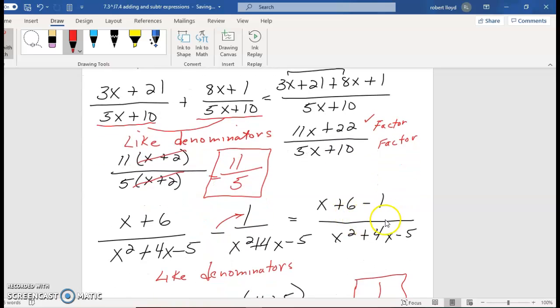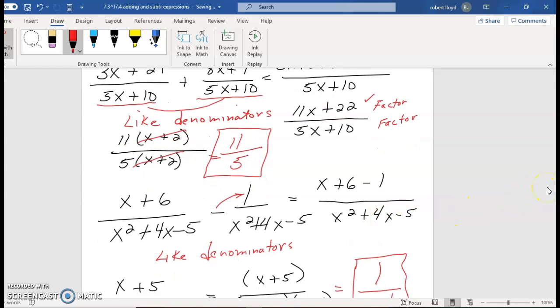The next one will be a subtraction. So again, they give you like denominators. So all we have to do is combine the numerators. Now keep in mind this negative sign, it's distributed across anything that's in the numerator. So here, x plus 6 minus 1.